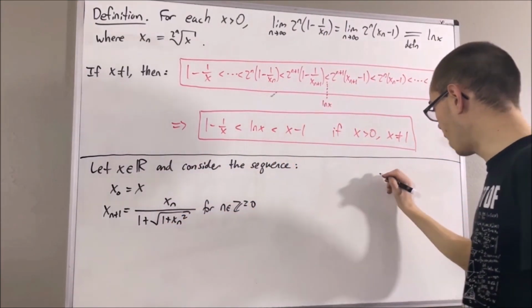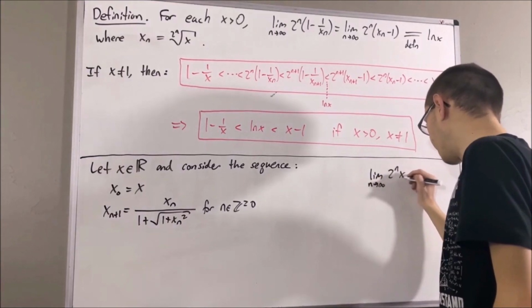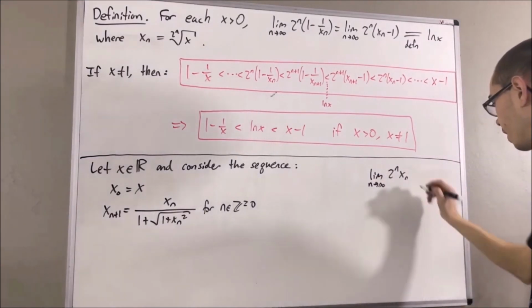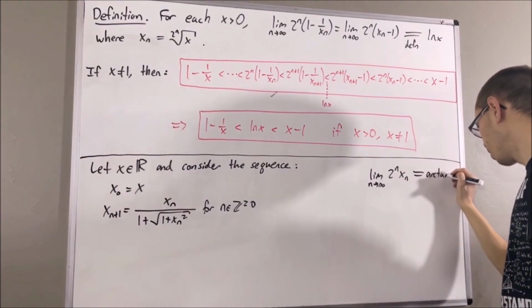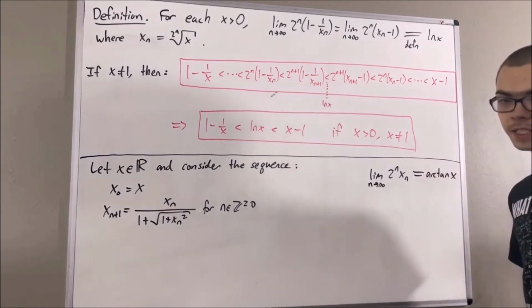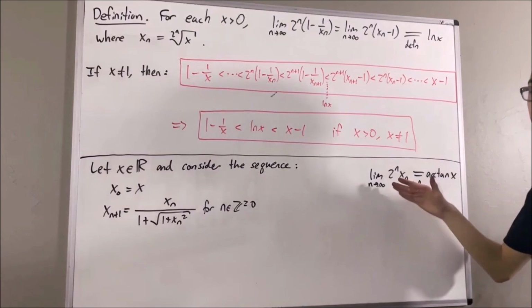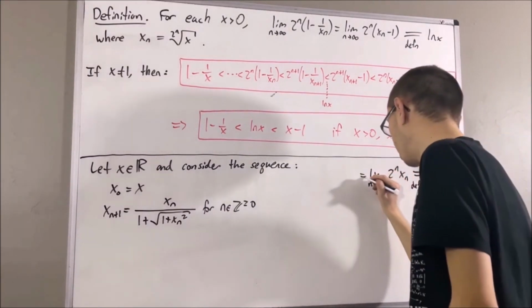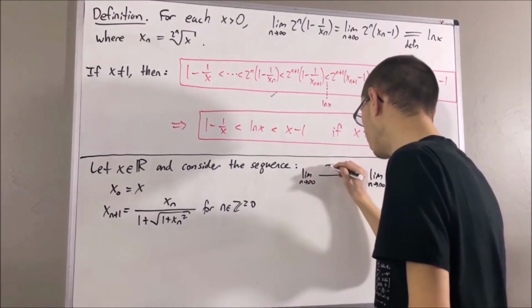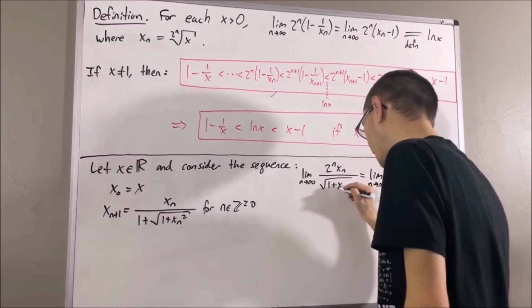Then we have proven that the sequence 2 to the n xn converges, and we defined the value that this sequence converges to be the arctangent of x. And actually, we proved that another sequence like this one also converges to the arctangent of x. And that was the sequence 2 to the n xn over the square root of 1 plus xn squared.